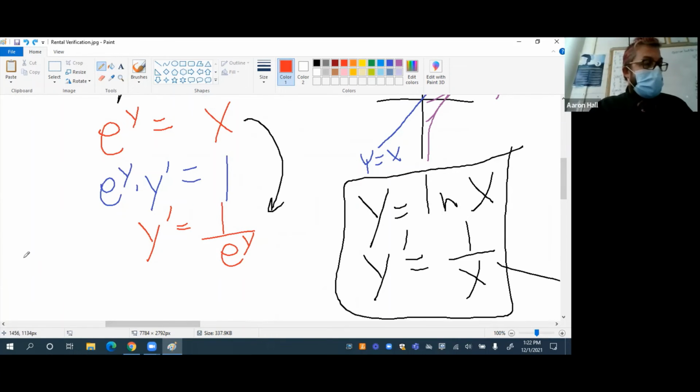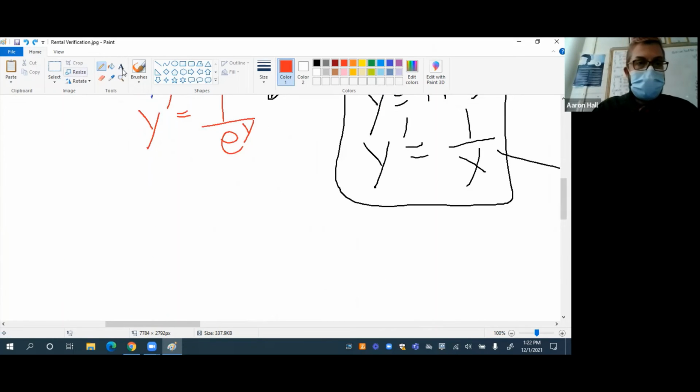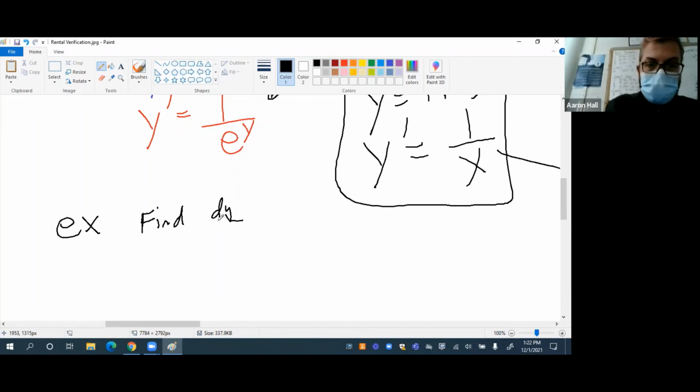Okay, let's look at an example. Same thing, I want to find dy dx, and we have y equals ln of 2 minus cosine of x.